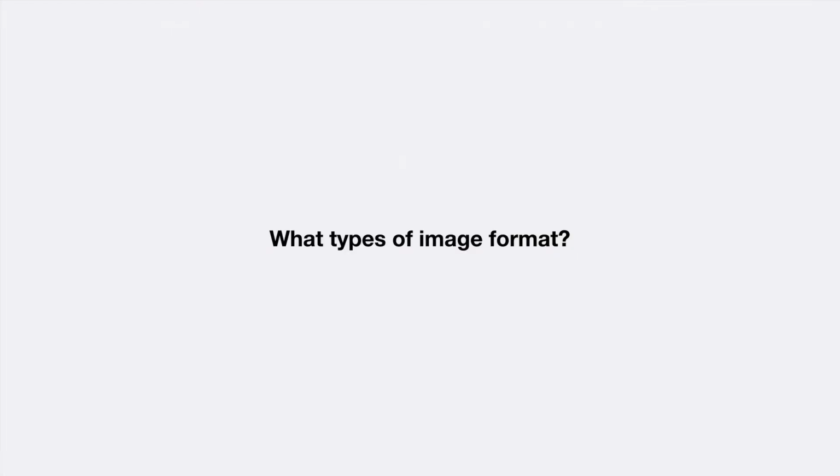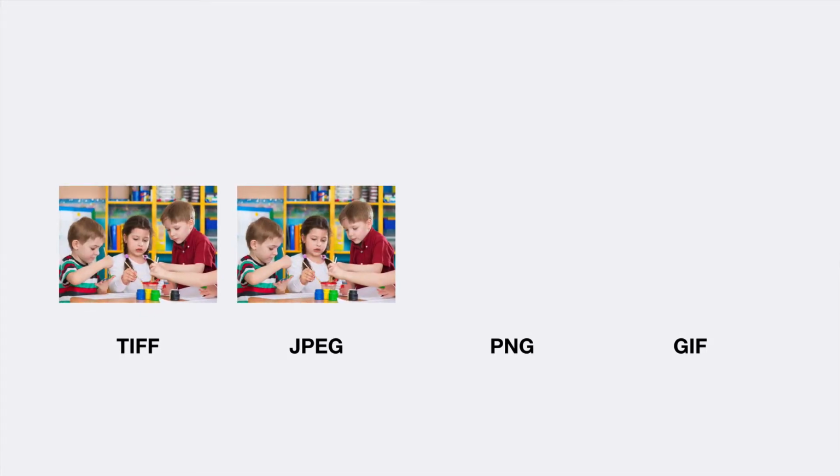Now, before we get in, I'd like to remind you what types of image formats we have today: TIFF, JPEG, PNG, and GIF. Let's look at TIFF and JPEG. The big difference between those two is that JPEG is compressed, which means JPEG has a smaller size but lower quality, and TIFF is not compressed, so it's much higher quality.